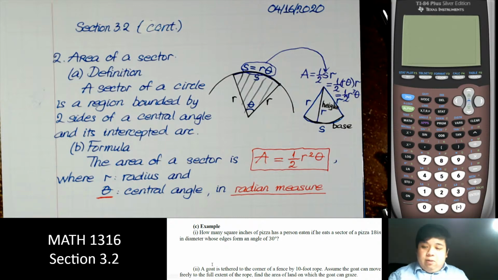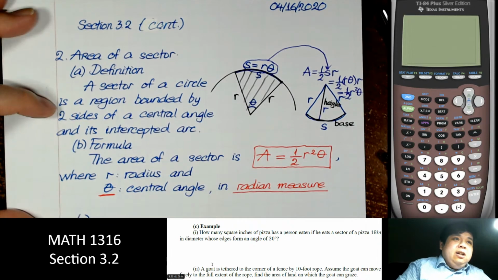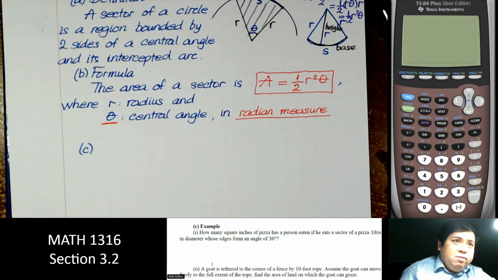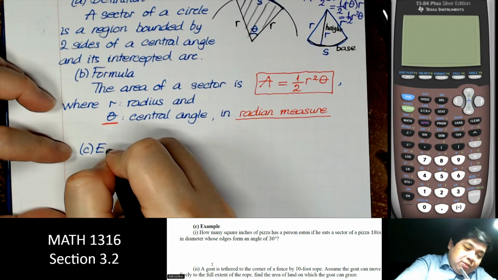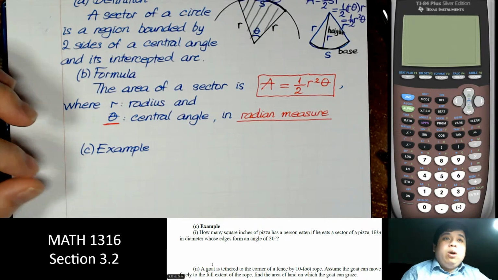So let's look at the first example. How many square inches of a pizza has a person eaten? The easiest example we can come up with is a piece of pizza, which is a sector.